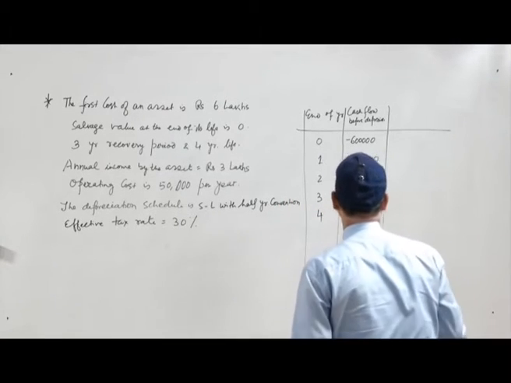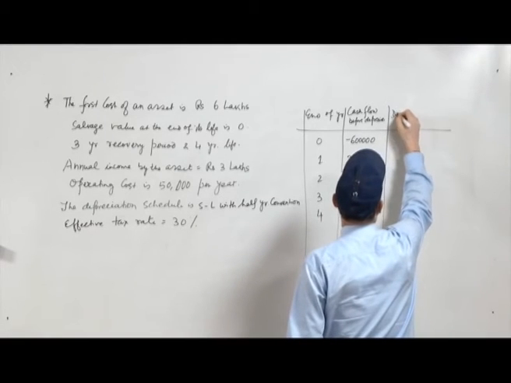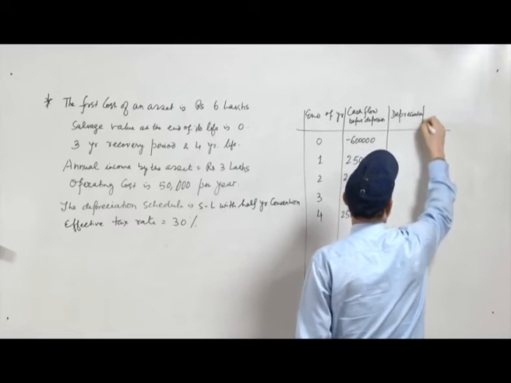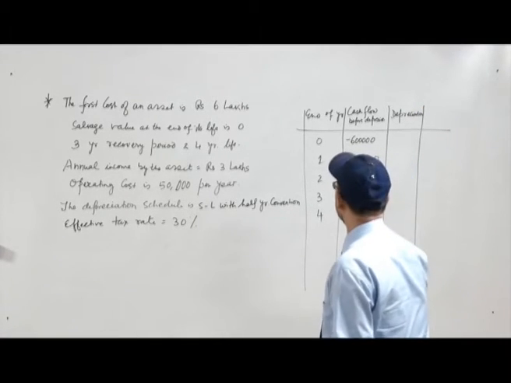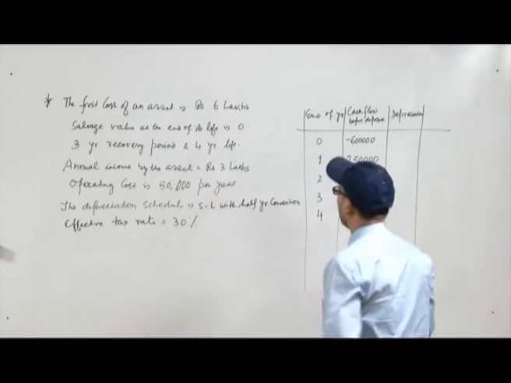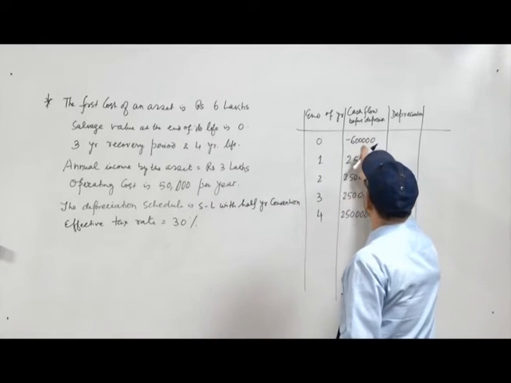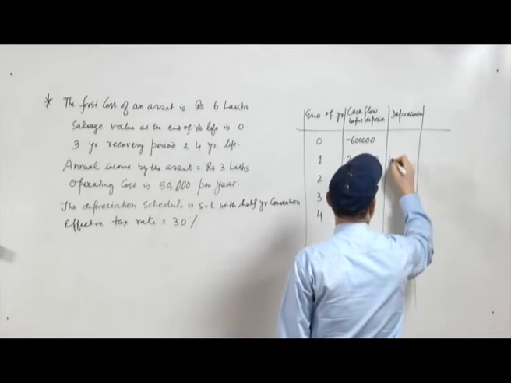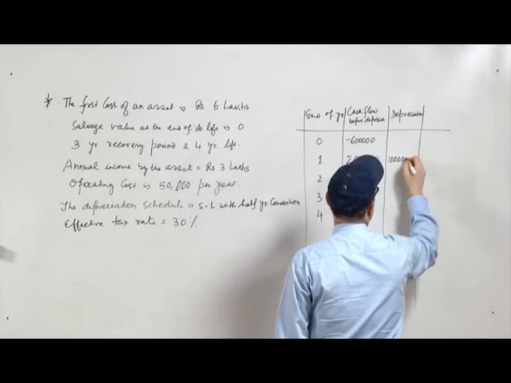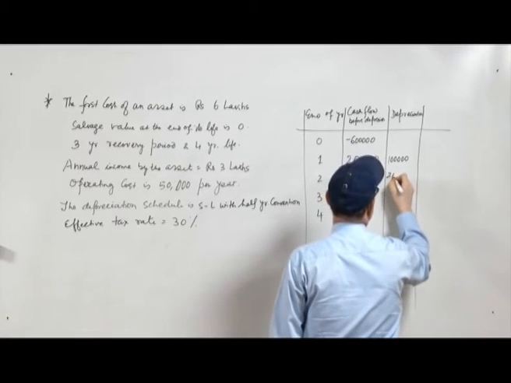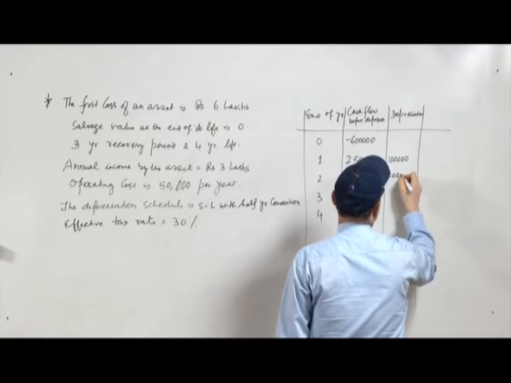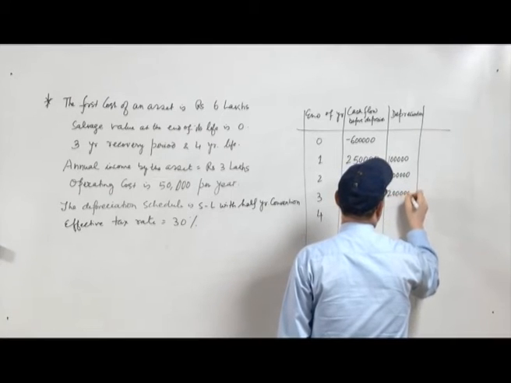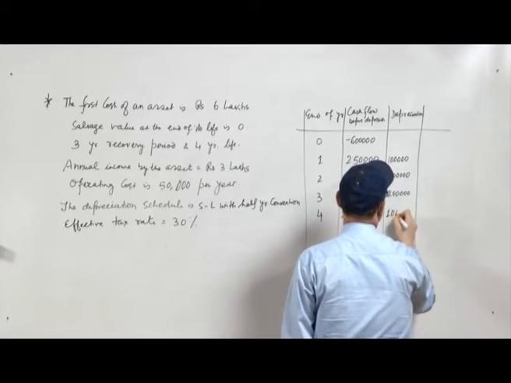Now we have to find the depreciation. Depreciation will be using straight line and half year convention. So, from the 6 lakh, 1 lakh will be depreciated in the first year and 2 lakh each during the other 2 years, and further 1 lakh in the last year.